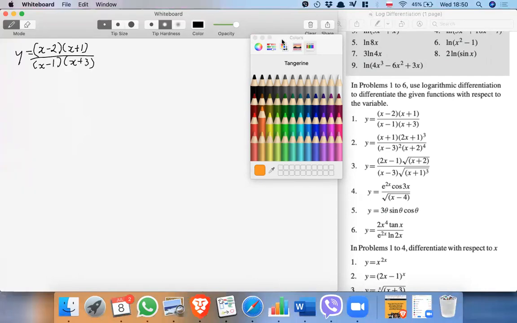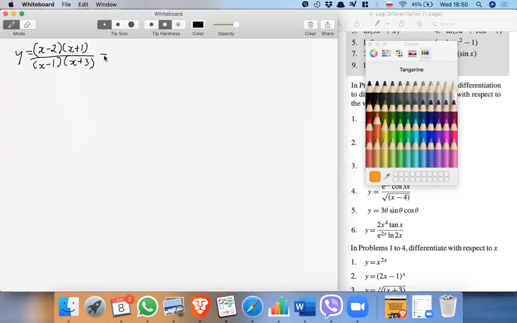So taking the natural log rather, ln y equals natural log of x minus 2 plus natural log again of x plus 1 minus, because that's below the line, ln of x minus 1, and minus again. There is a plus between those two. When you take the natural log of this product, it's a plus, but because it's below the line for the resulting expression, it's going to be minus. So minus ln of x plus 3.